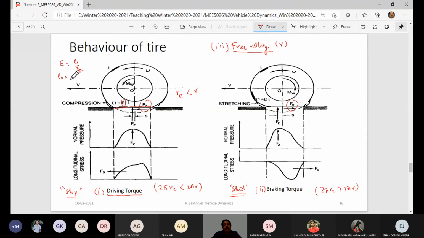This is the simple longitudinal strain you study in strength of materials: change in length by original length. If the strain is compressive, you have length reduction. If the strain is due to stretch, the tensile nature of the strain increases the length, hence the 2 pi r increases.